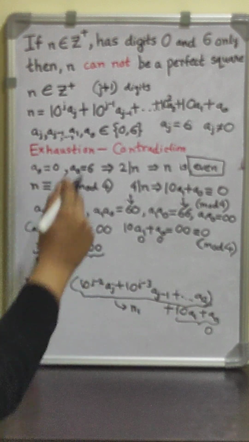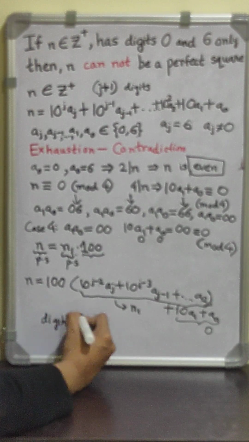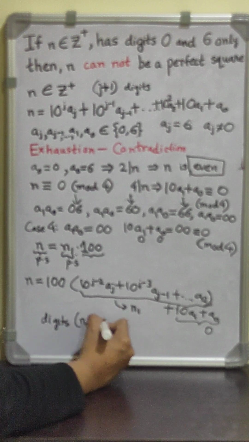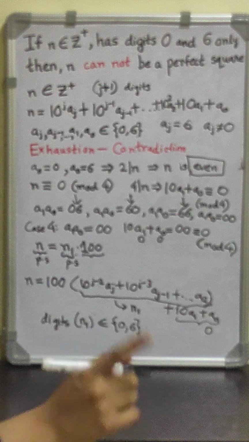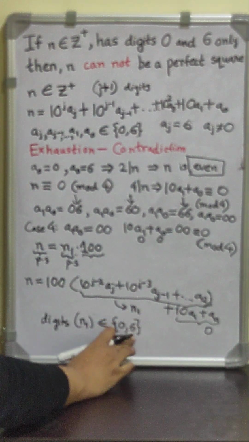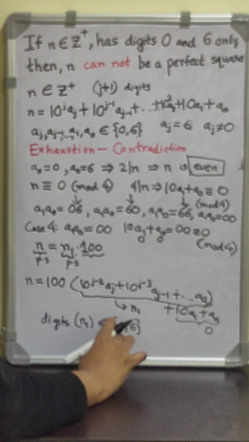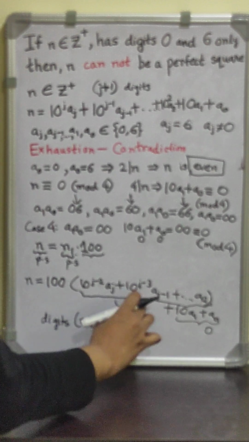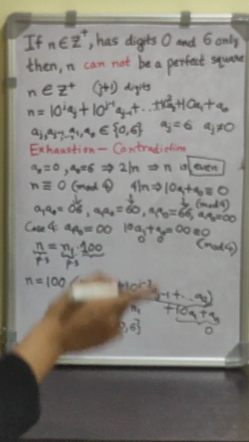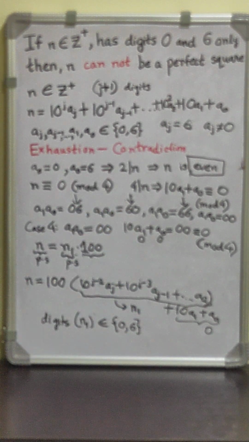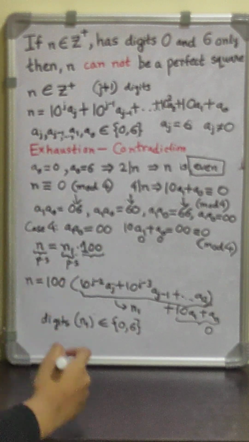So can I say that all the digits of n1 also belong to 0 and 6? Now we're talking. Now we're observing something. All the digits of n1 can only be 0 and 6 because all the digits of n1 are derived from the digits of n. Very, very interesting. That means I will have some form of recursion here.